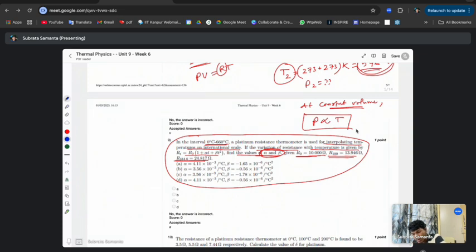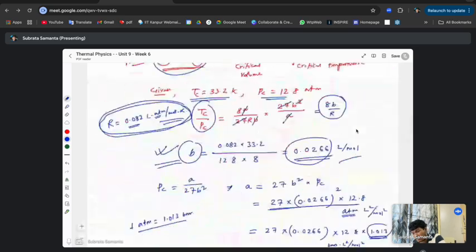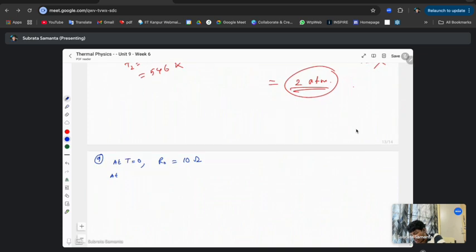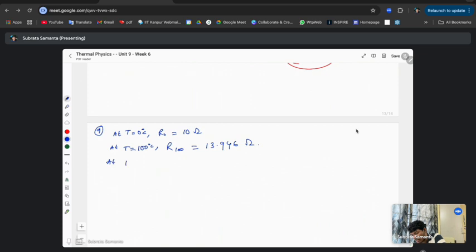At temperature 100 degree centigrade, R100 is also given, it is 13.946 ohm, and at temperature 444.6 degree centigrade, R444.6 equals 24.817 ohm. So three different temperatures are given.